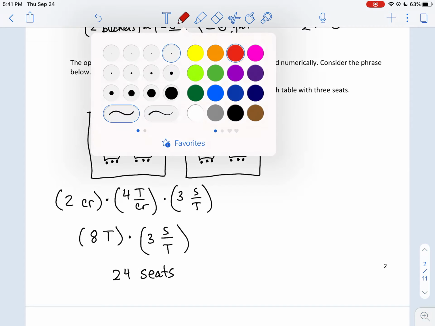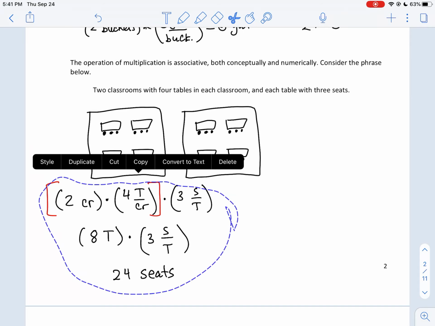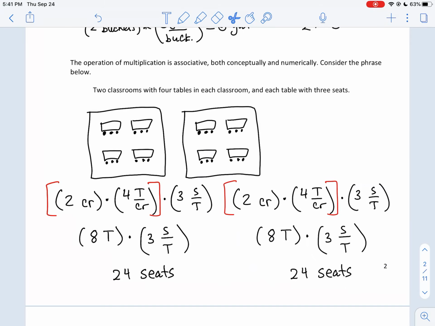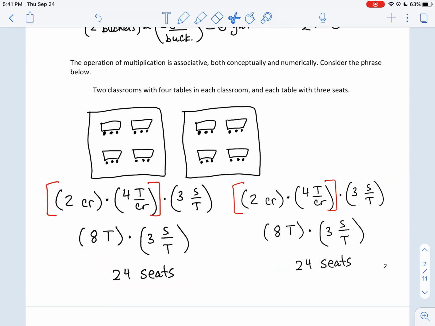Right, and that was us multiplying these together first. Okay, I'm going to do something similar, but I'm going to multiply first these amounts and see what happens, and see if we get the same result.